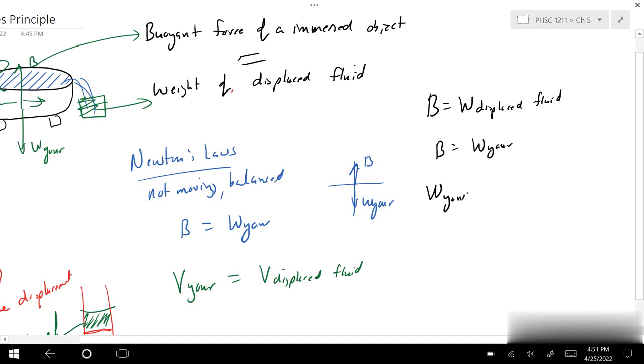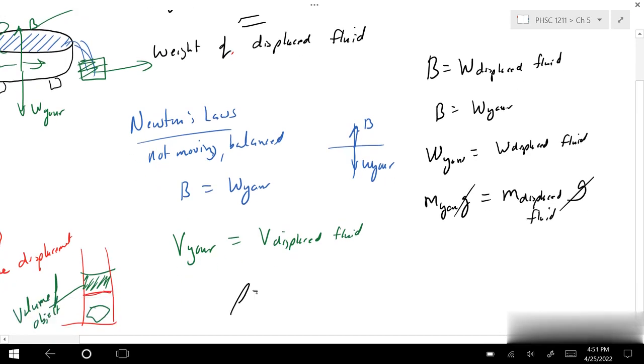So B equals B, so that means your weight is equal to the weight of displaced fluid. A lot of times we're trying to find volume, so this would be mass of you times gravity equals mass of displaced fluid times gravity. Those g's cancel out.